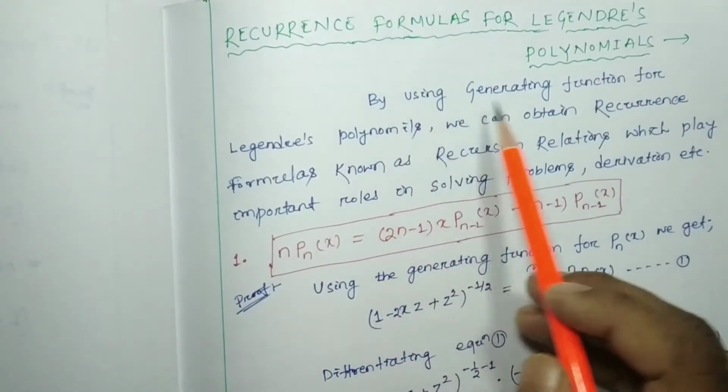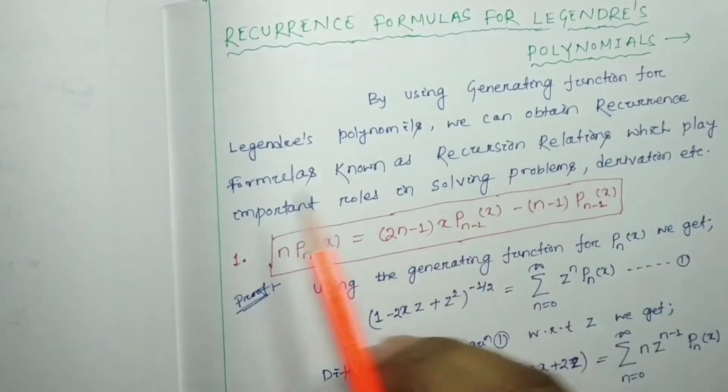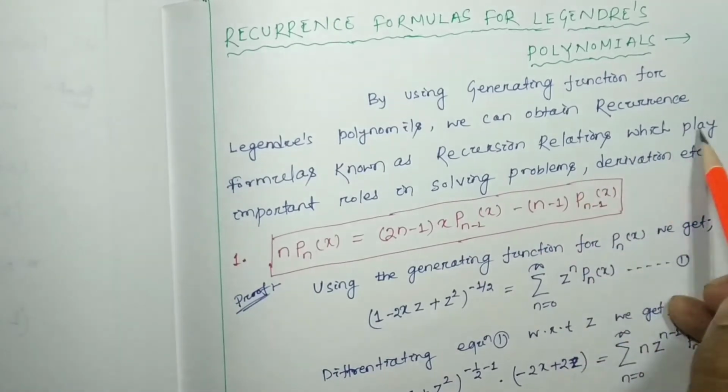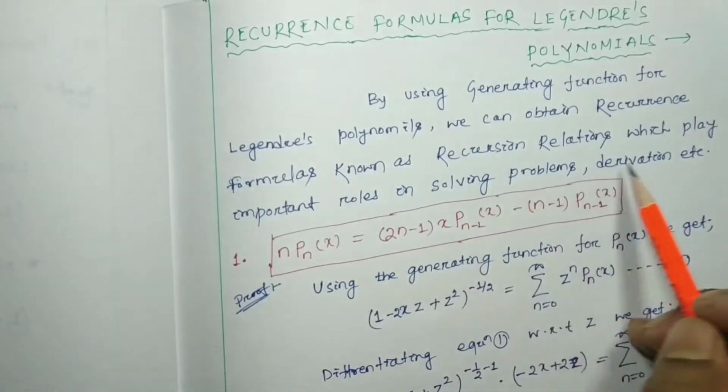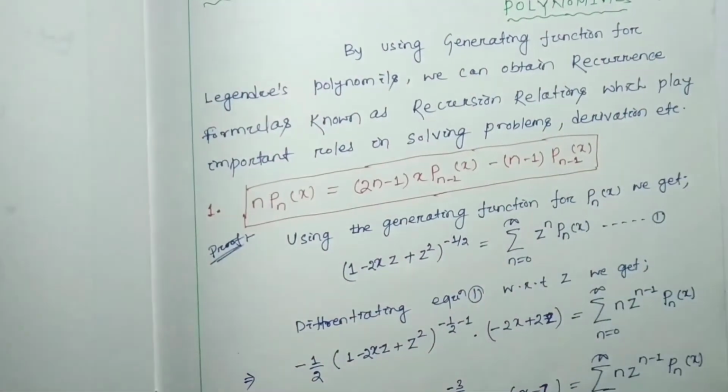By using the generating function for Legendre polynomials, we can obtain recurrence formulas, also known as recurrence relations, which play important roles in solving problems and derivations in your mathematical physics and engineering physics.